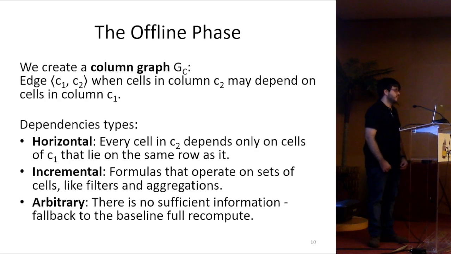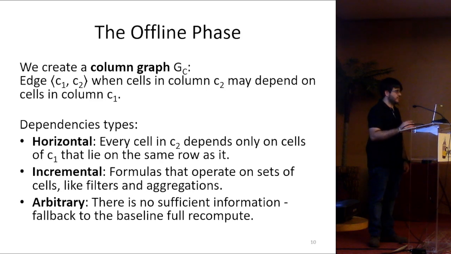In the offline phase, we create a graph of the columns, not all the cells, but only the columns. For columns C1 and C2, there is an edge from C1 to C2 if some cell in C2 may depend on cells in C1.